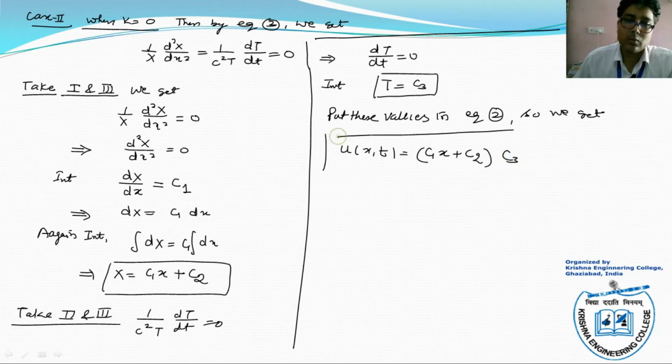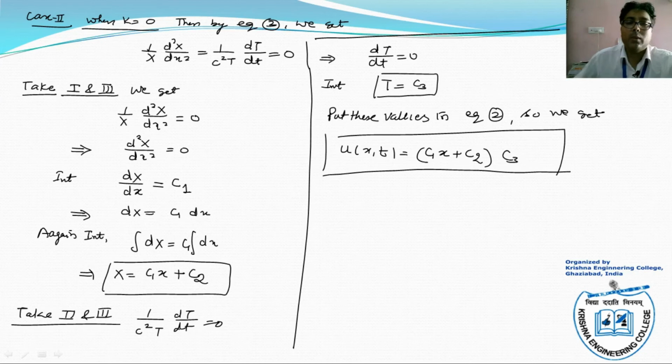This is another solution of the heat equation when k is equal to 0. This is equation number 5.